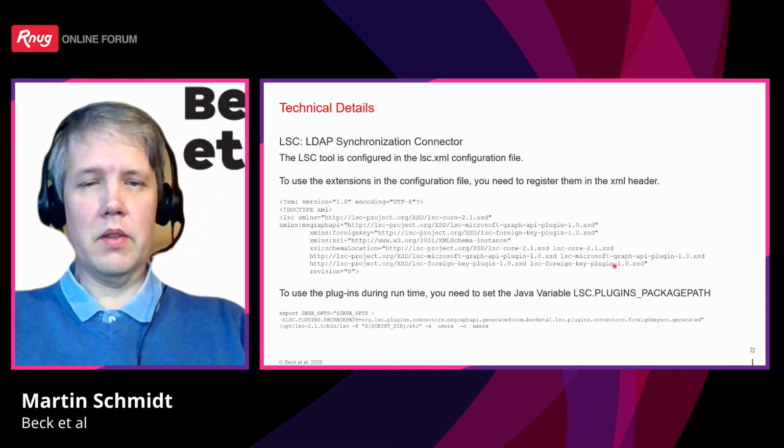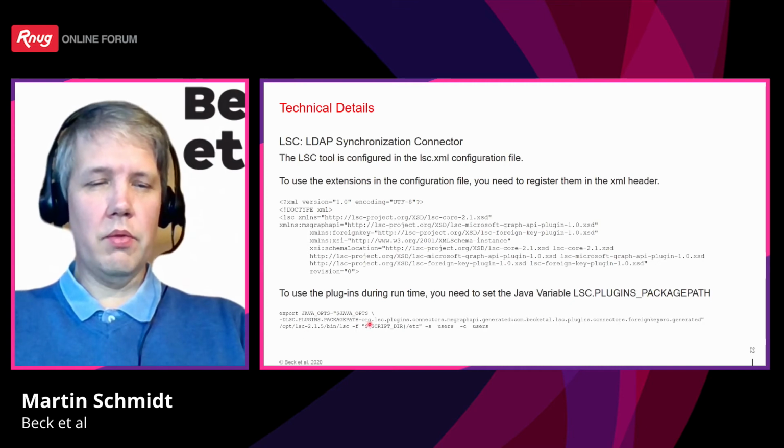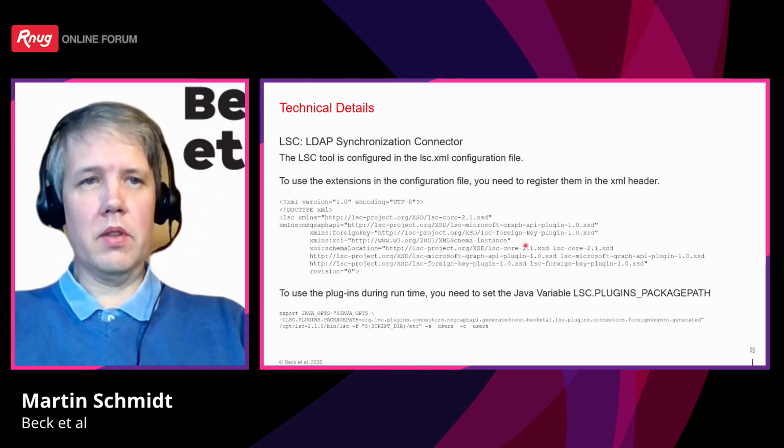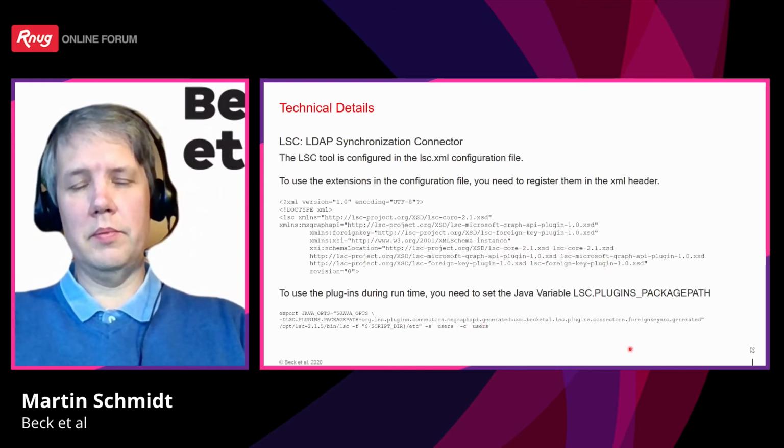You can download this from the GitHub directory, which I will link later. And of course, when you run the tool, you have to make these plugins also available using these commands. Everything about how to integrate plugins is documented on the LSC project homepage.